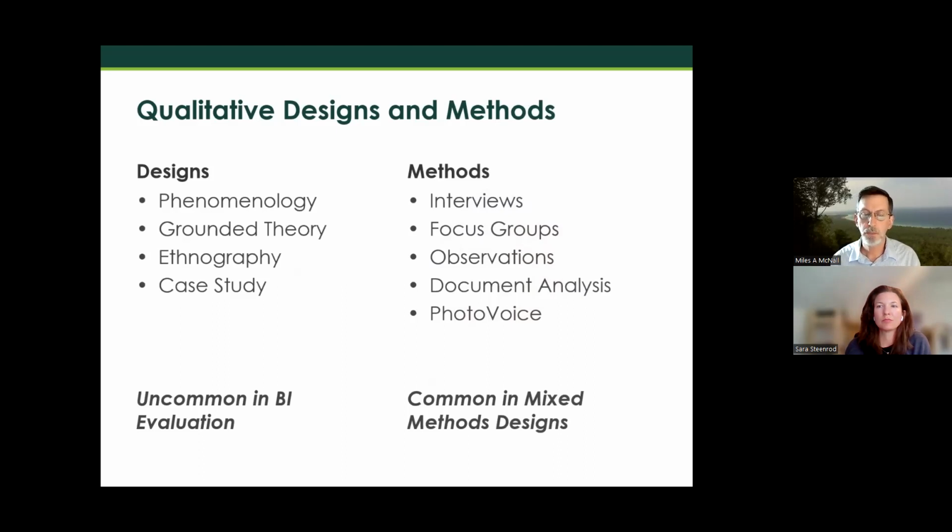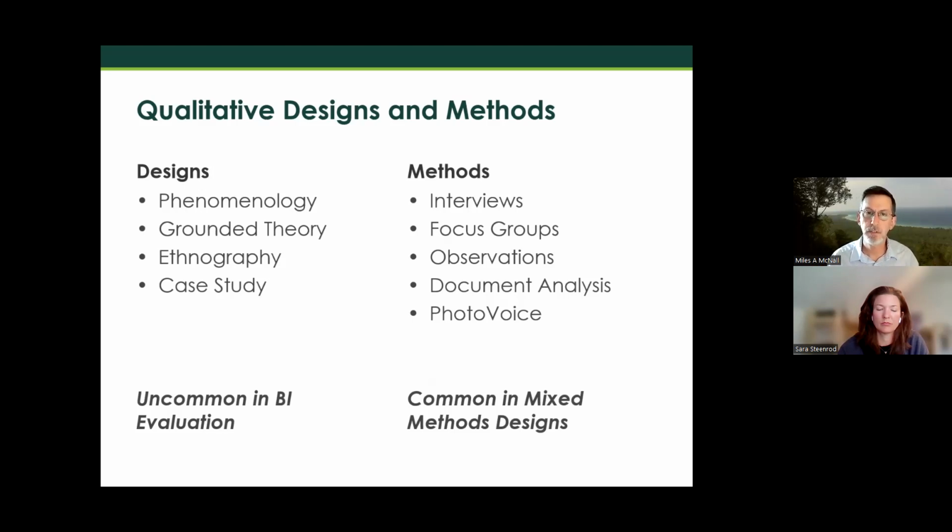What is much more common is to see qualitative methods being woven in with quantitative methods in what's called mixed methods designs. And so, I encourage you to think about, if you're using a quantitative design and quantitative methods, what else could you get out of it by including interviews with participants, maybe focus groups, conducting observations of say, in a museum space, how people are interacting with exhibits.